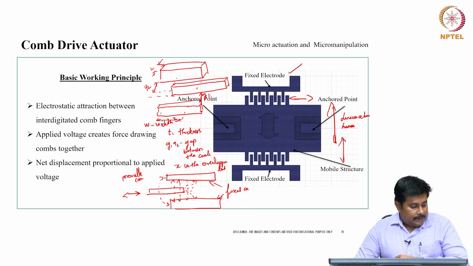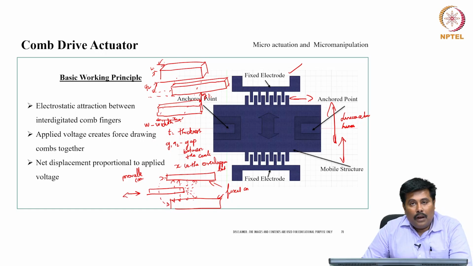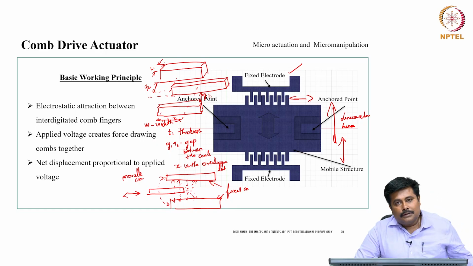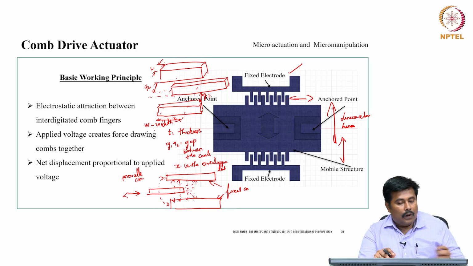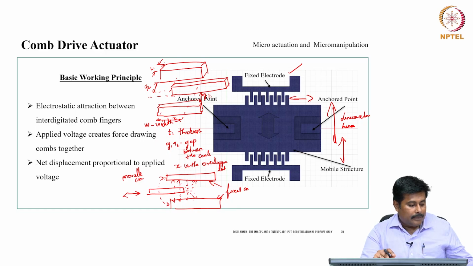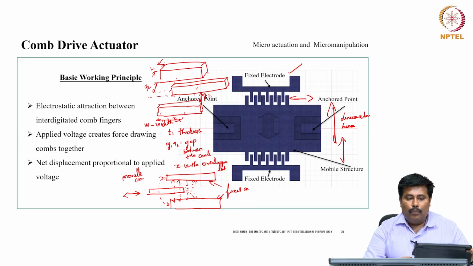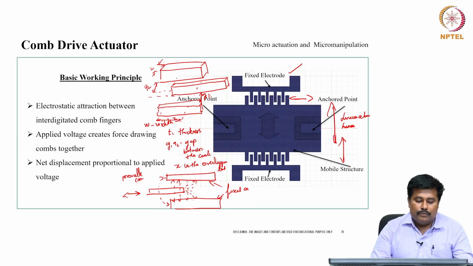The comb drive actuator has a movable and a stationary structure which split into fingers with the attached combs, and the stationary parts are connected to a ground fixed suspension. The Coulomb forces deflect the moving comb structure and generate an output displacement, and the comb drive electrostatic actuator can have a lateral and a vertical design which relates to the layout of the comb.